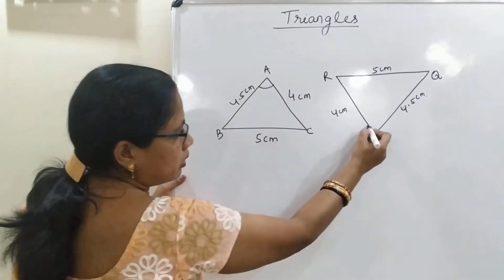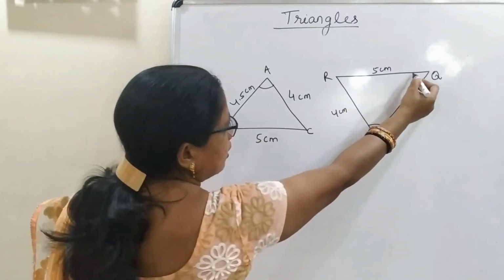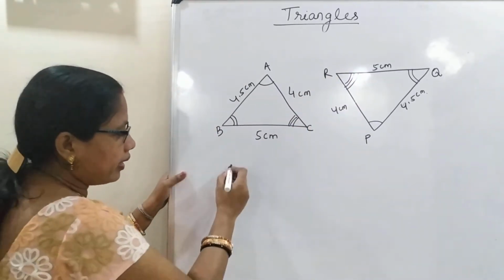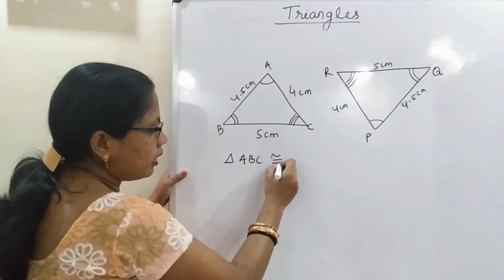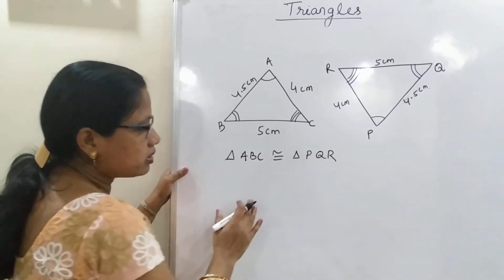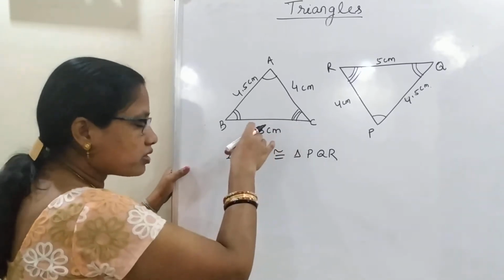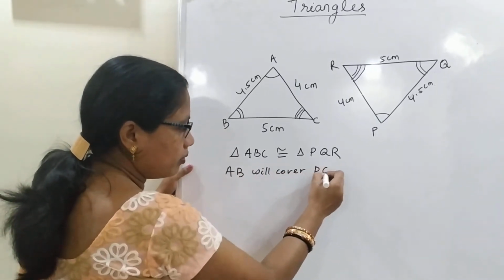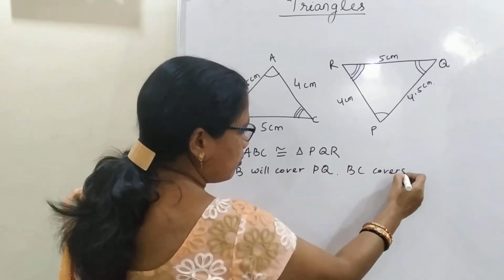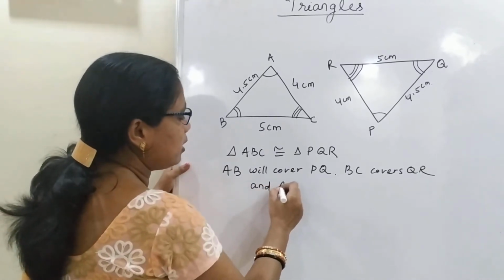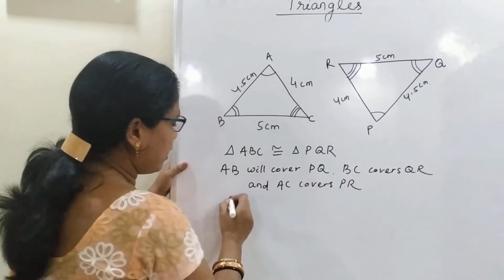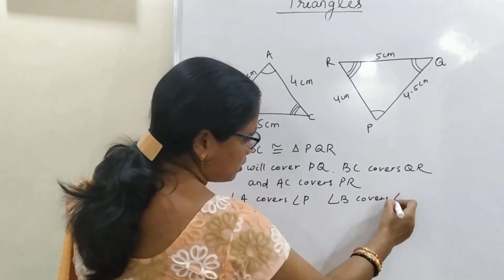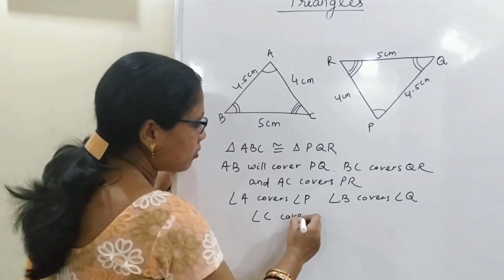And angle A is equal to angle P, angle B is equal to angle Q, and angle C is equal to angle R. So here we can write triangle ABC is congruent to triangle PQR, because if triangle PQR covers triangle ABC, then side AB covers PQ, BC covers QR, and AC covers PR, and angle A covers angle P, angle B covers angle Q, and angle C covers angle R.